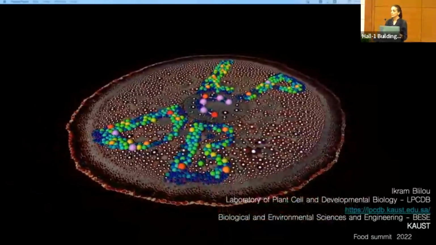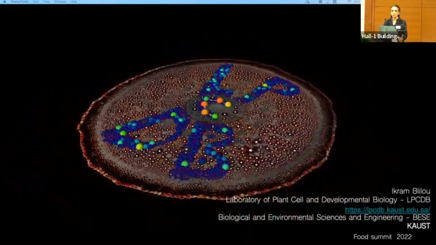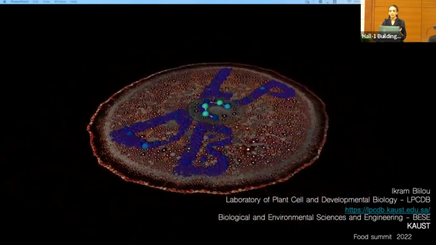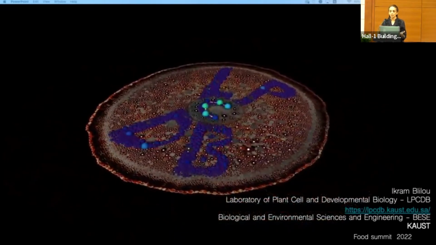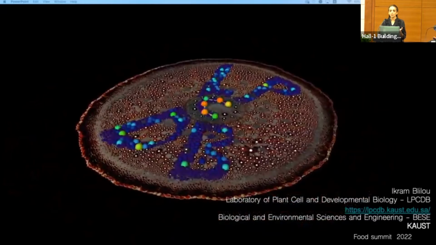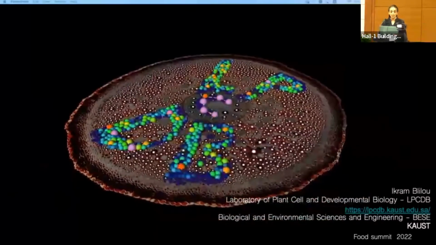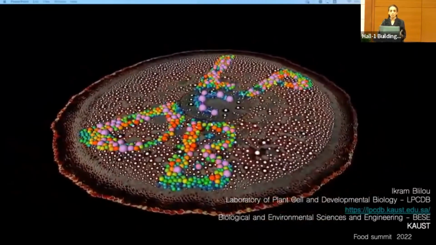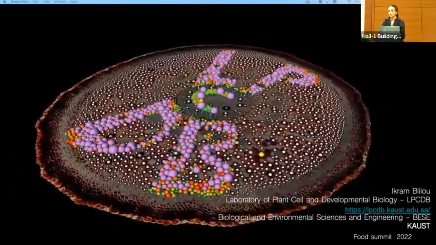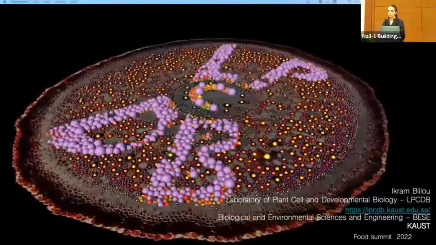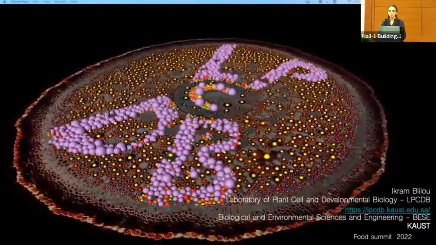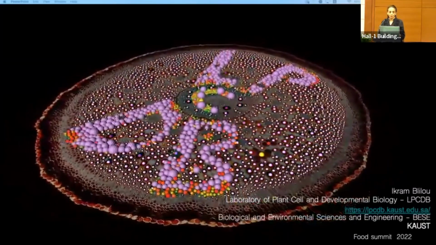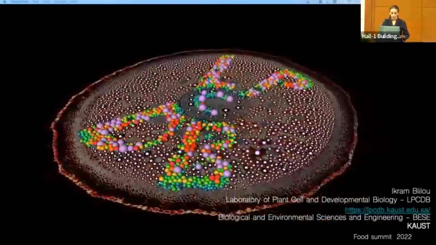You heard the great talk presented by David Walsh, a stem cell specialist. He was a basic researcher, and thanks to this knowledge, he translated it into a very beautiful translational application.